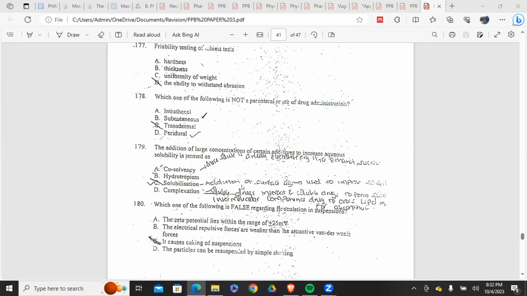And so for you to get there, you have to add surfactant in excess. So yeah, maybe it's solubilization.